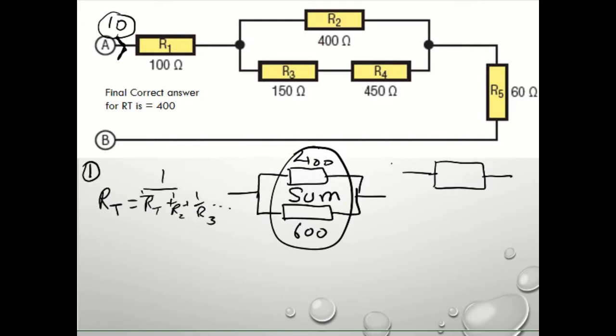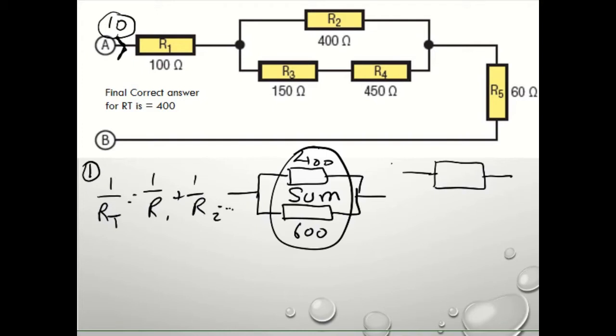Now that's one way of working it out. Look, I don't like that formula. It's difficult and hard, but you will see it drawn like that, and good on you. If you want to use that one, that's fine. It's exactly the same as this: 1 on RT equals 1 on R1 plus 1 on R2, etc.